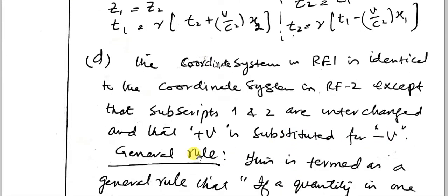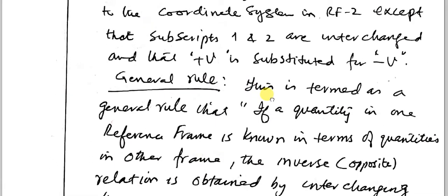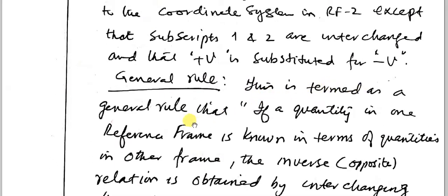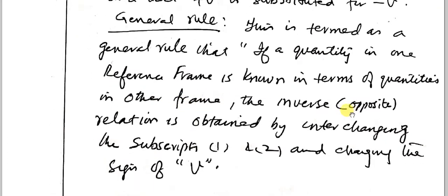This is termed a general rule: if a quantity in one reference frame is known in terms of the quantity in the other frame, the inverse, that is the opposite relation, is obtained by interchanging the subscripts 1 and 2.